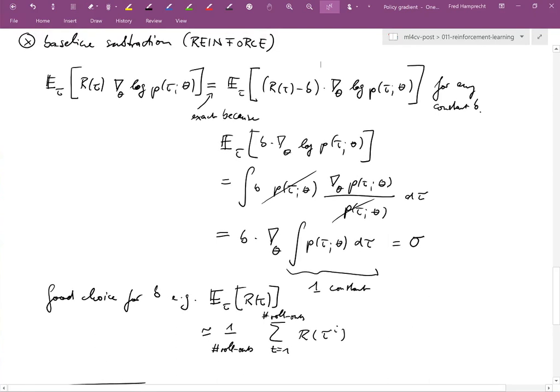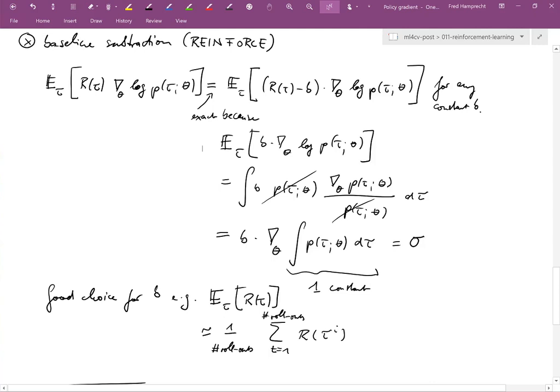Now, why is there an equality here? Why is it okay to subtract a constant? This is explained in the next few lines. Let's just look at this extra term here: the expectation of some constant times the gradient. This is what's written here.